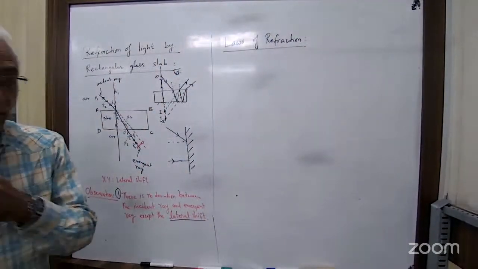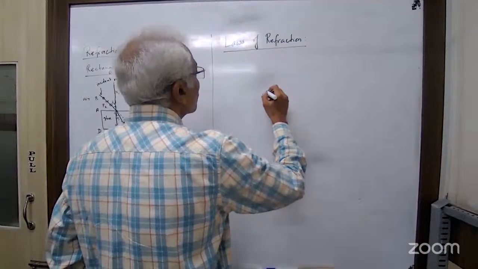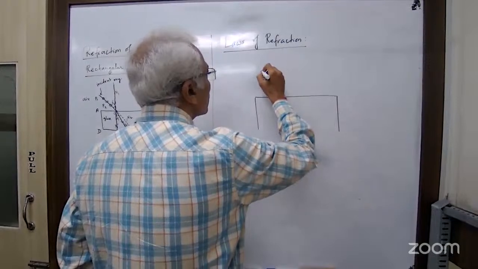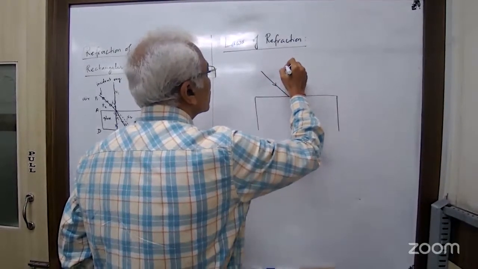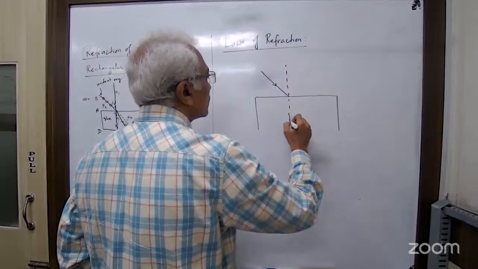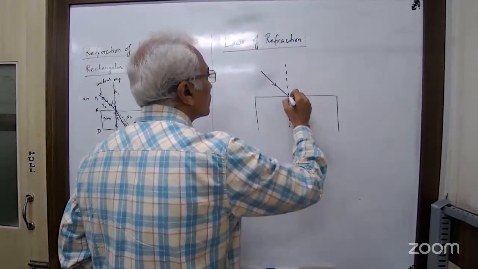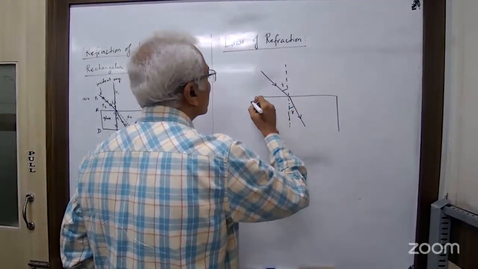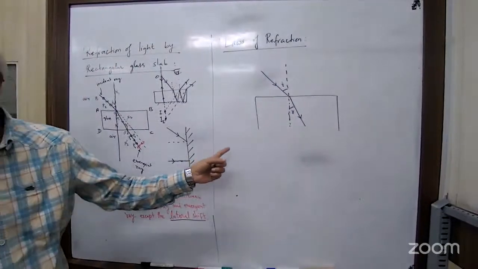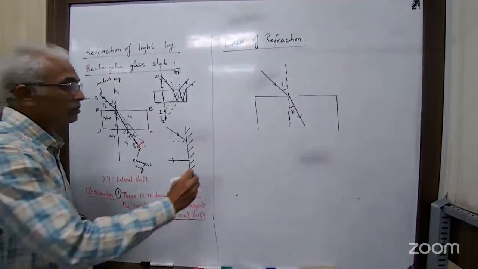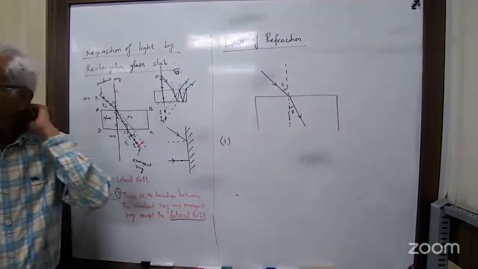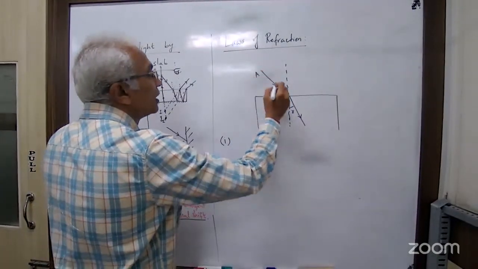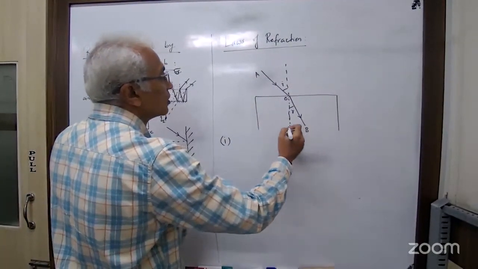The laws of refraction are, one law is common. So this is our diagram for laws of refraction. First law is similar to laws of reflection. The incident ray AOB, this is PQ.